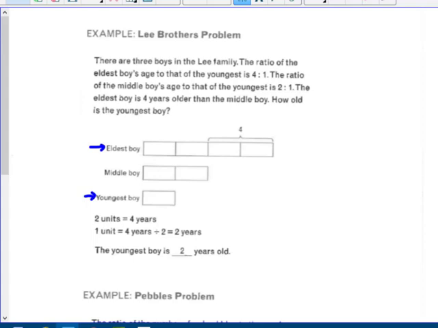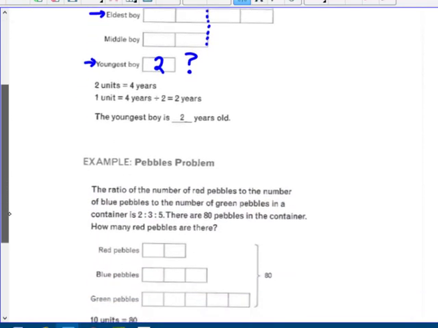The eldest boy is 4 years older than the middle boy, so only this part represents those 4 years. How old is the youngest boy? So you got to put the question mark here. Well, if 2 of those units, 2 bars, represent 4, one of them would represent 2. And that is the youngest boy, so he's 2. He's 2 years old. Pretty easy.